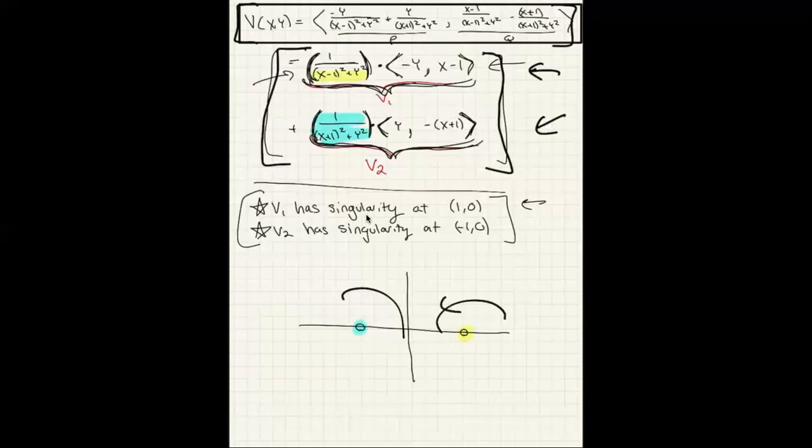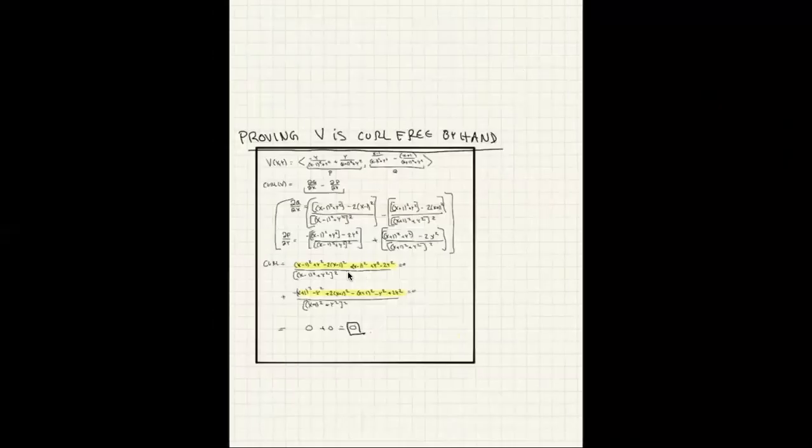So in the spirit of what I just said, I claim that this vector field up here that I've written, this super big mess that has a double singularity, a yellow and blue singularity, is also curl free. So you can compute the curl of this vector field anywhere that is not the yellow point or the blue point. And I've actually done this. So I'm going to move the page, and I've done this right here.